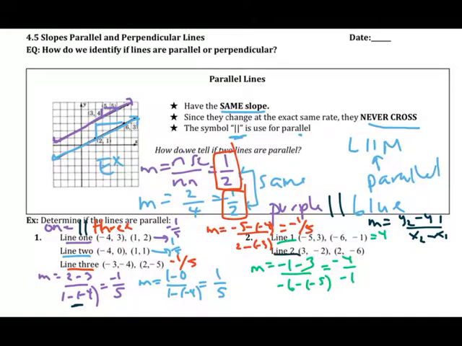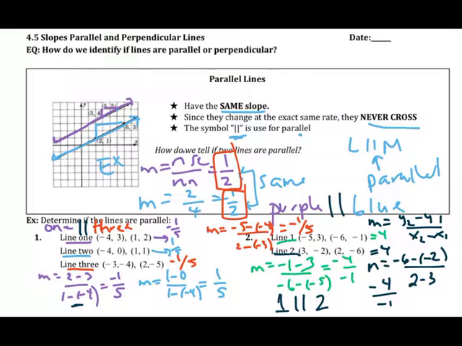I'm going to use this black color here for the bottom line. m equals -6 minus -2, that's going to become -6 plus 2. On the bottom, 2 minus 3. -6 plus 2 is -4. 2 minus 3 is -1. So this is also going to be 4. So line 1 is parallel to line 2.